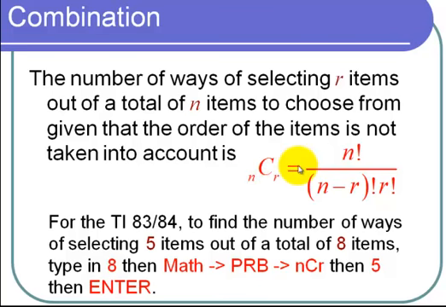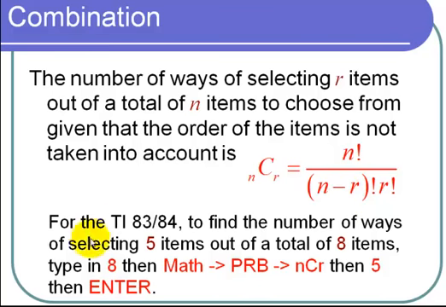We're going to be using a calculator, but just in case you're interested, it is n factorial. Remember, that's n times n minus 1 times n minus 2 all the way down times 3 times 2 times 1, divided by n minus r factorial times r factorial. This comes from the fundamental counting principle. I'm not going to go into the details here on why this is true and how it works, but you can just trust me that it does work.